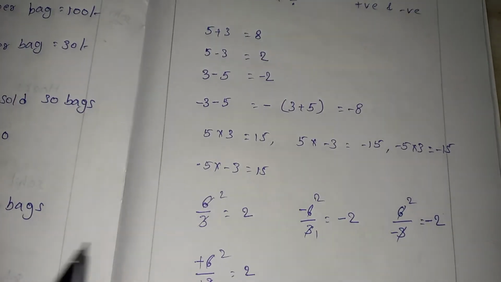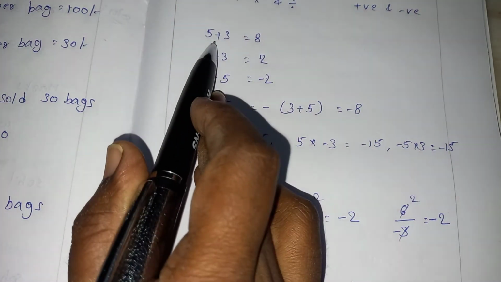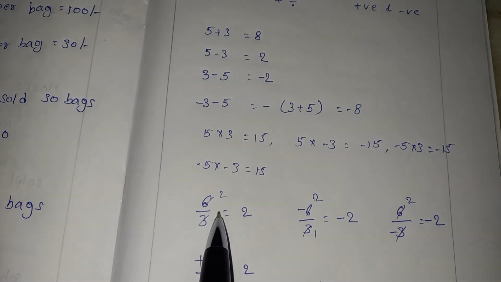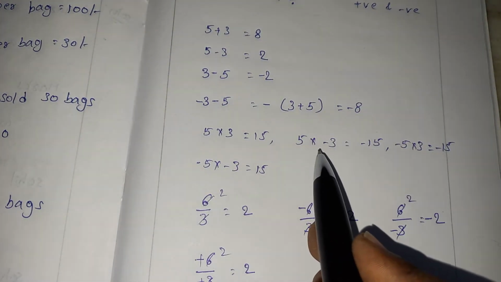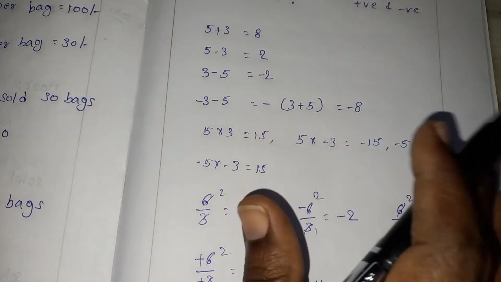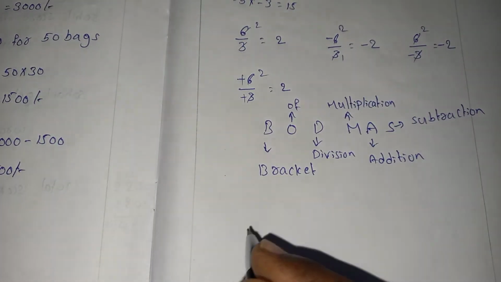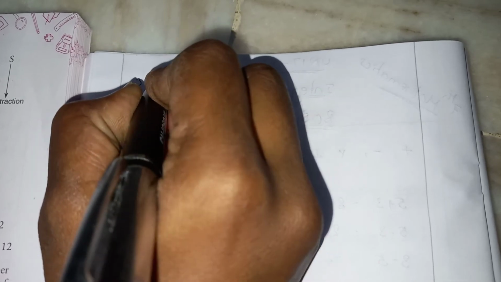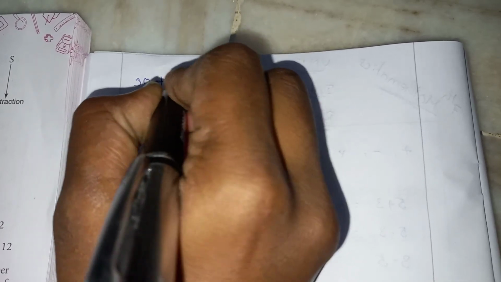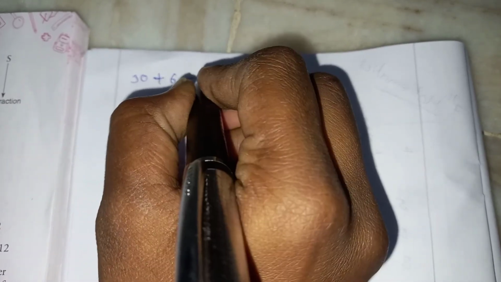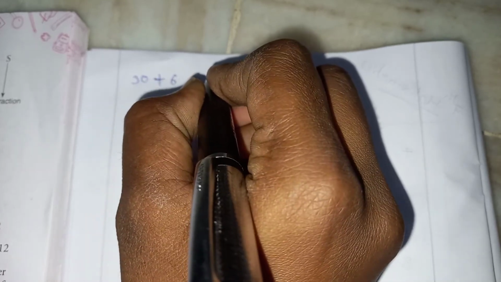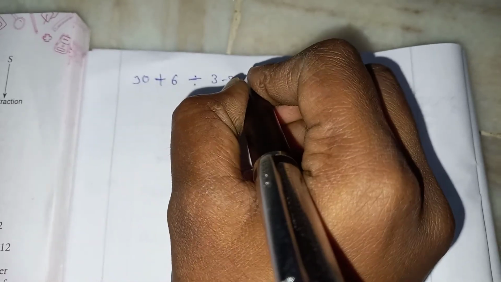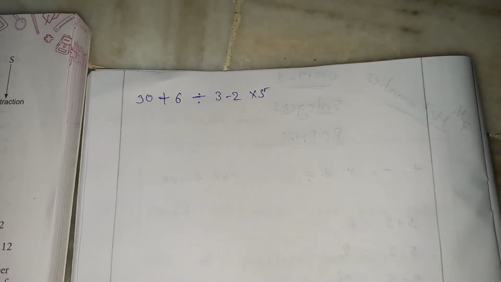If we have a simple expression like 5 plus 3, 6 divided by 3, 5 into minus 3, you can do everything easily. For example, if you have an expression like 30 plus 6 divided by 3 minus 2 into 5.